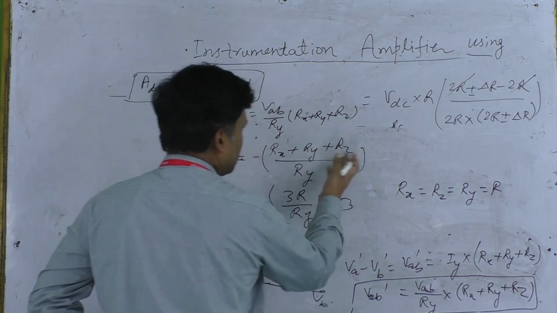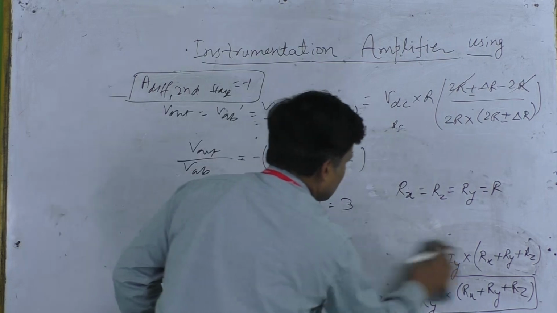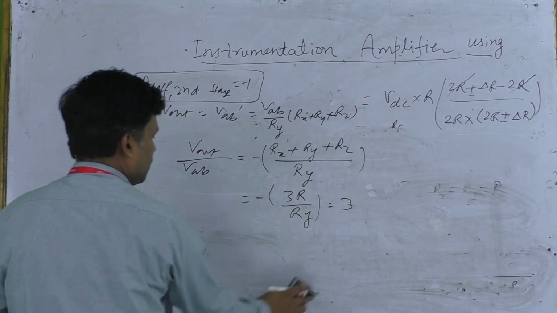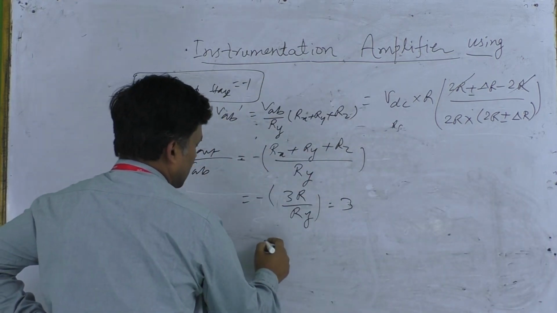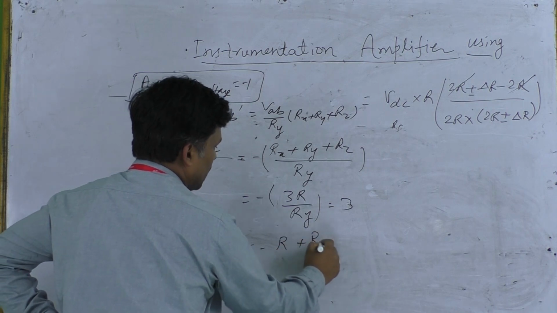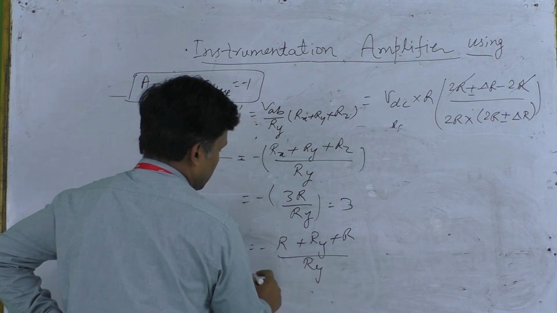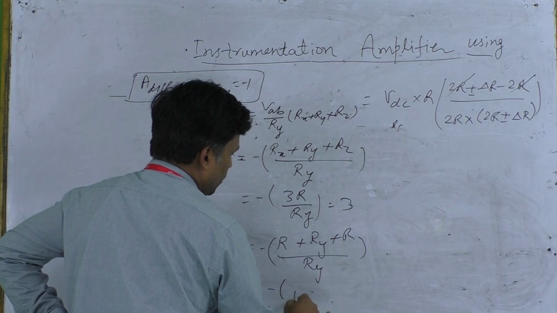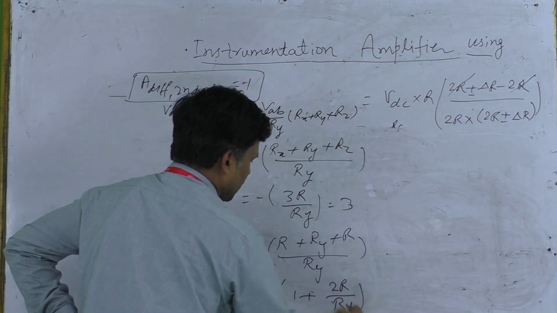If not, then whatever value you have, you can use them. Sometimes Rx and Rz are made equal to reduce the effect of noise, and in such a situation R plus Ry plus R divided by Ry, so you may write it as minus of 1 plus twice R upon Ry.